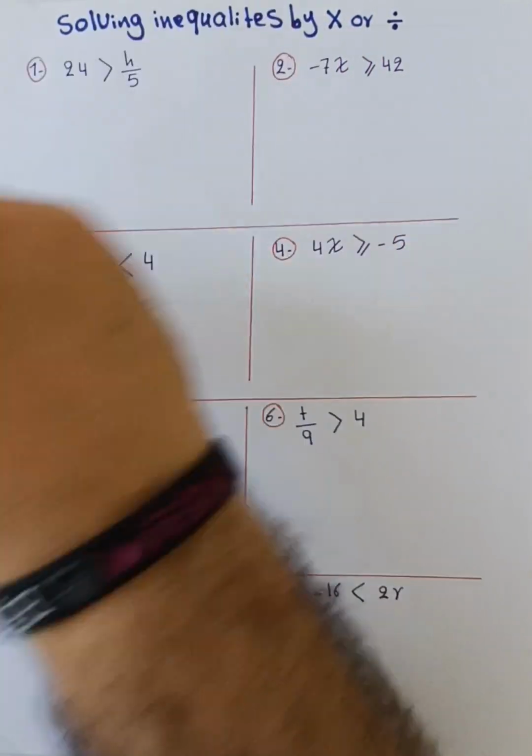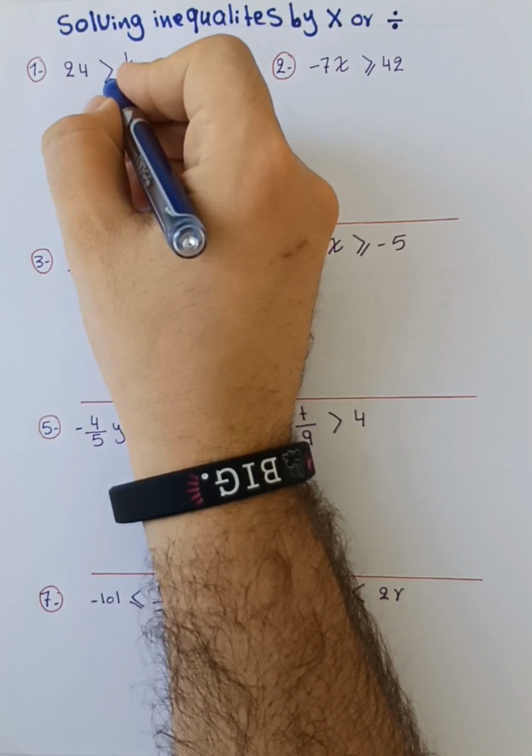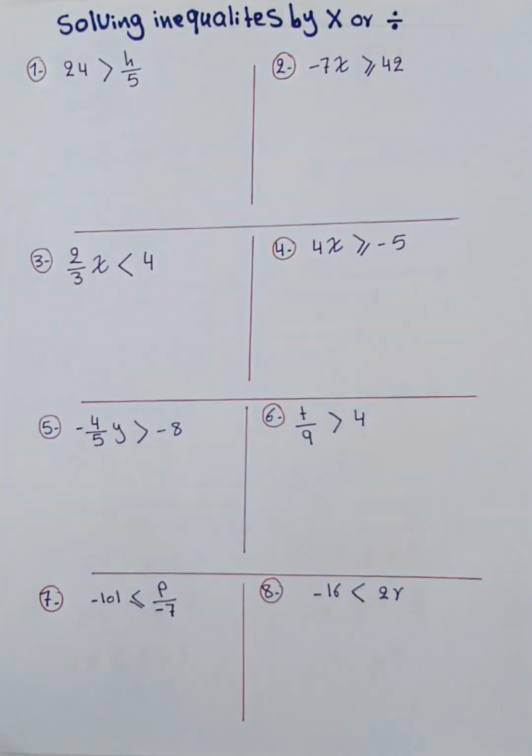is with the variable. In inequality, when we multiply or divide the inequality by a negative number, the sign changes to the opposite.